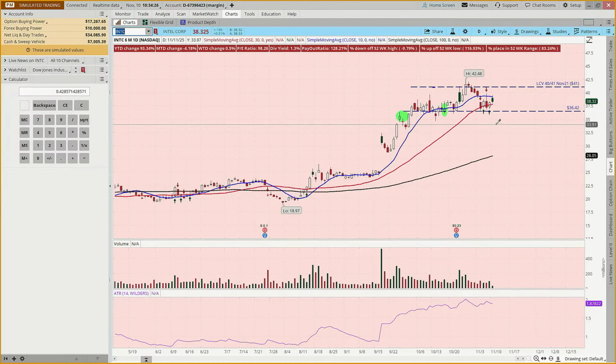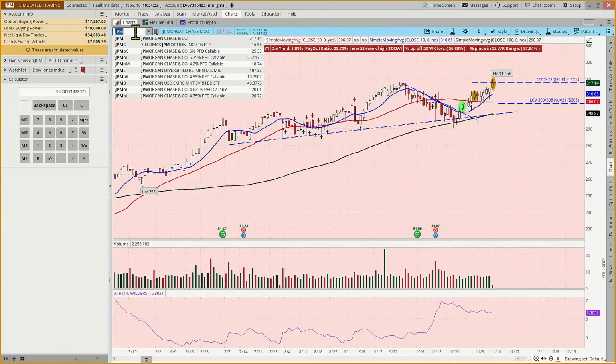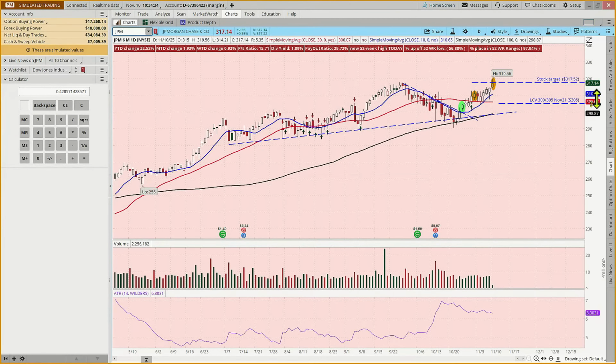Now the next one that hit a target was JP Morgan. Back on October 27th, a couple of weeks ago, we saw this diagonal resistance breakout and we did a long call vertical, and that hit our target that Friday, October 31st.